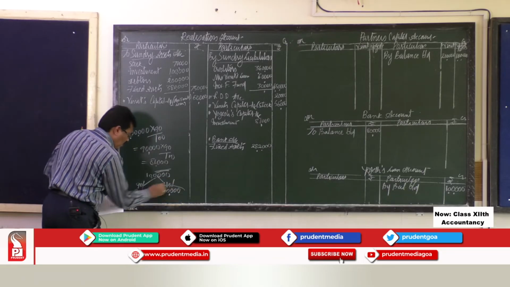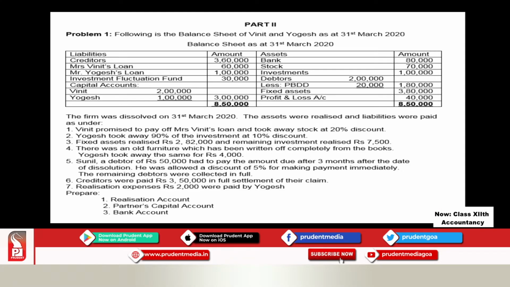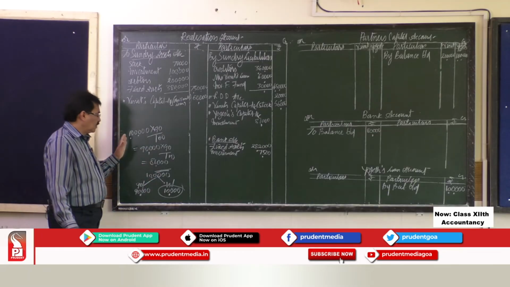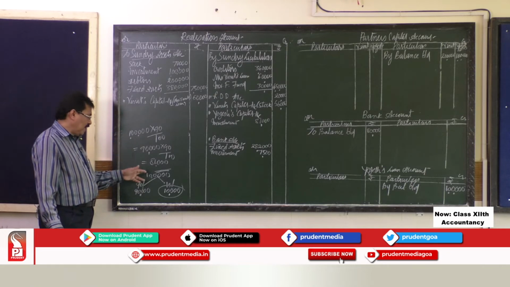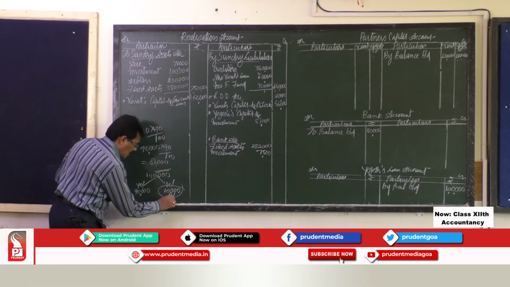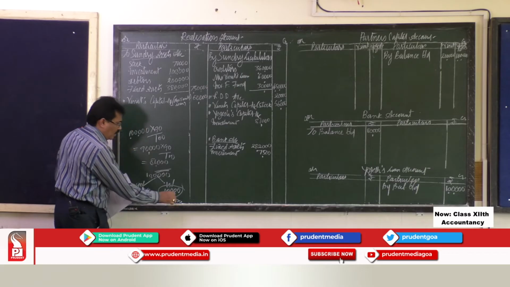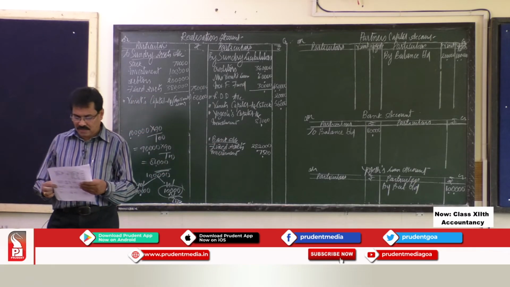So, these investments realized rupees 7,500. That is, 90% of investments are taken over by partner and remaining investment realized. These 10,000 investments realized rupees 7,500. We are getting this money, so you have to credit it to your realization account.